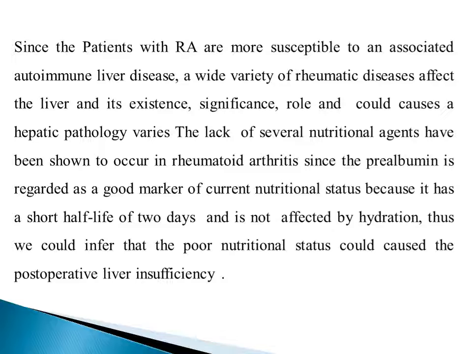Prealbumin is regarded as a good marker of current nutritional status because it has a short half-life of 2 days and is not affected by hydration. We could infer that poor nutritional status could cause post-operative liver insufficiency.